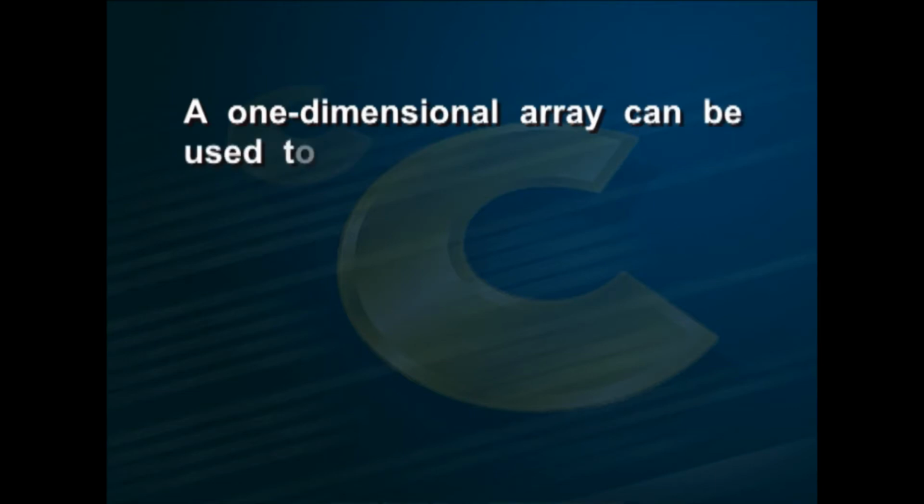We can use arrays to represent not only a simple list of values, but also a table of data in 2 or 3 or more dimensions. That is, an array may be one-dimensional or multi-dimensional. A one-dimensional array can be used to represent a list of data items.